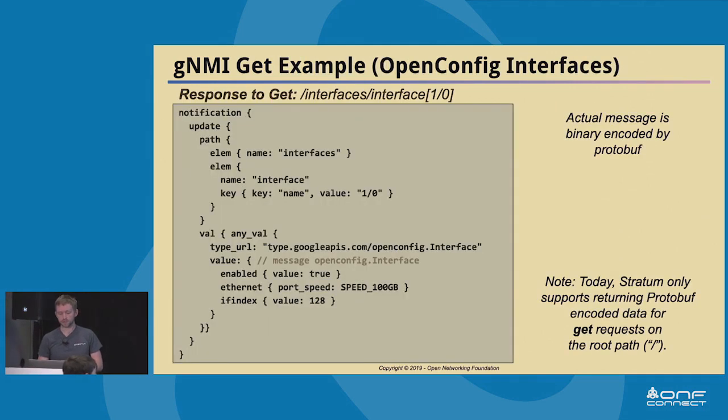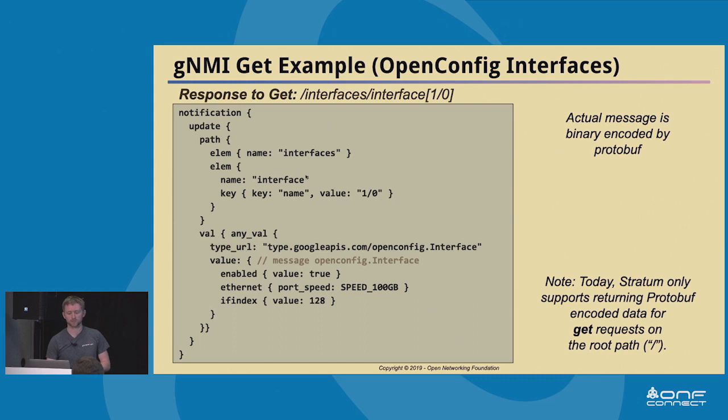So let's look at an example. So if we made a request, say, for interfaces interface 1.0, a notification that could be sent by a server, and again, this is the text representation. This would be actually encoded in binary on the wire. It would be an update with a path interfaces interface name 1.0.